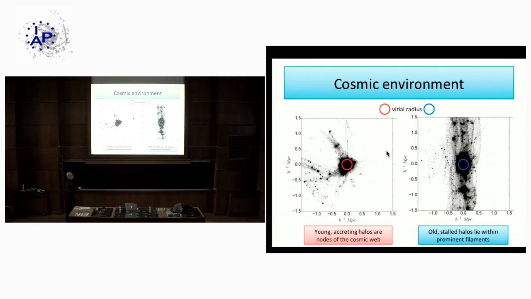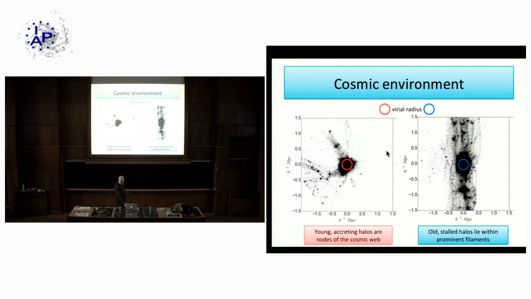While objects that we call stalled, so those who don't get any net accretion, but have this huge velocity dispersion in the environment, are halos which are invariably embedded into very thick filaments, which are much thicker than their virial radius. So this already tells us that the large-scale structure is somewhat affecting the way a halo is assembled.